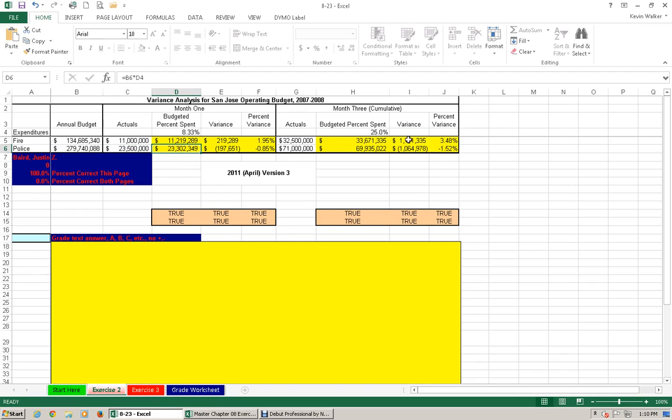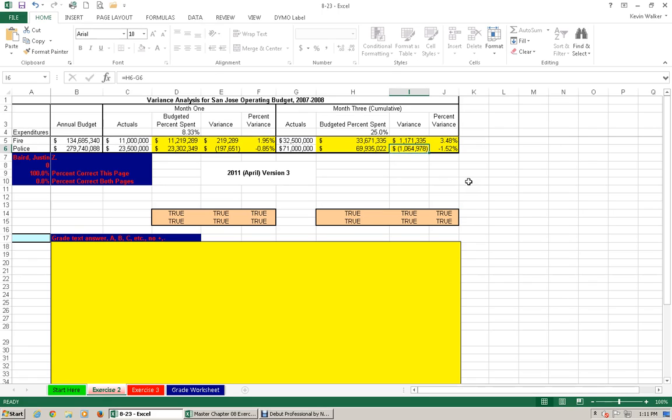So as you do the math across, you can see what's actually happening. Who's over and under spending. And so you're just going to say down here in the text answer, what's going on? Who's spending more than what they actually have? Who's spending less than what they should be spending? Like here in month 3, police have spent $71 million of their budget. You budgeted for them to spend $69.9, so they've already spent about $1 million over.